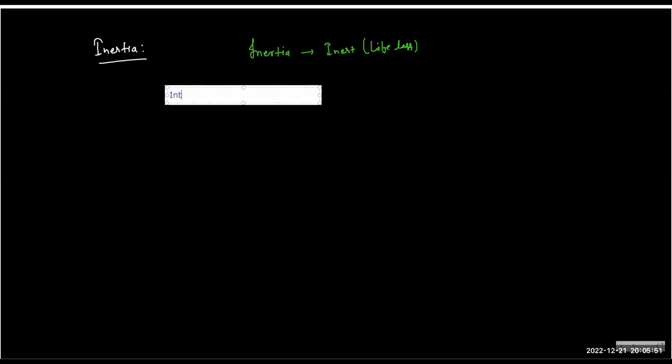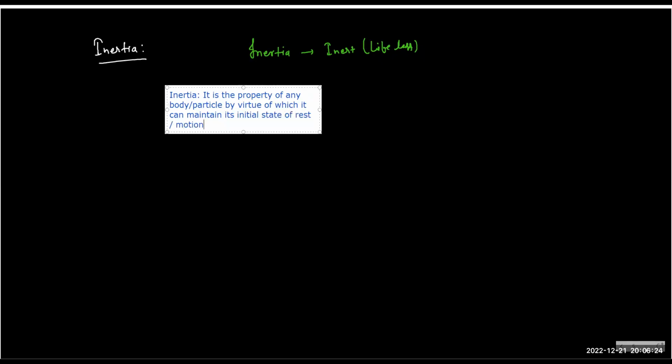So inertia is the property of any body, or you can say particle also, by virtue of which it can maintain its initial state of rest or motion. That's simple. Nothing big.